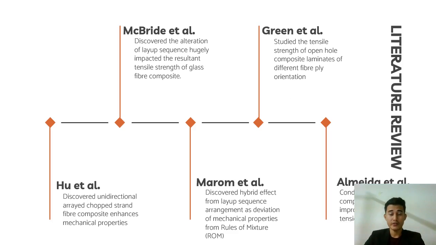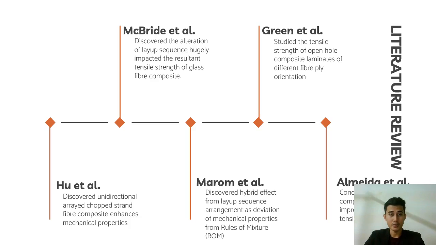For the literature review part of this final project, there are 5 types of studies based on past research articles, journals, books, etc. These articles relate to the title of this final year project, which is the study of tensile strength of open hole of natural and synthetic fiber composite laminates.